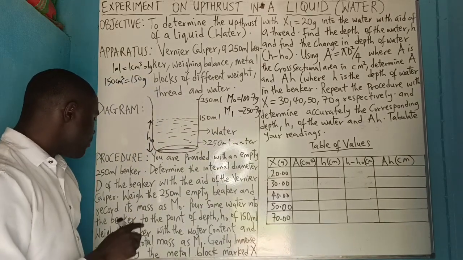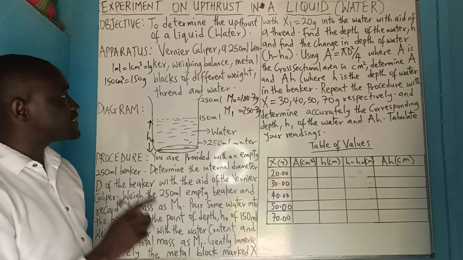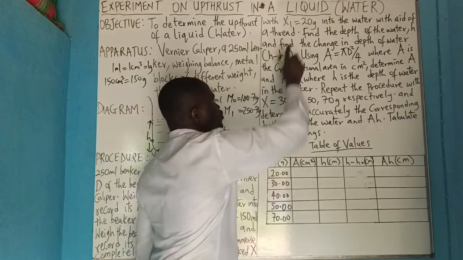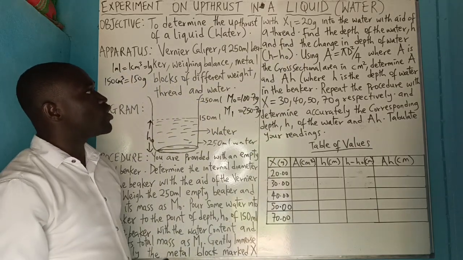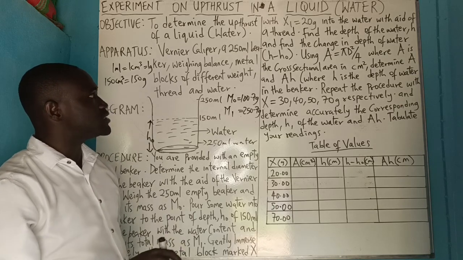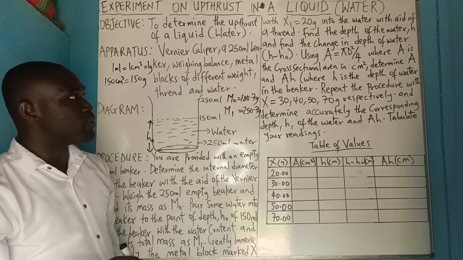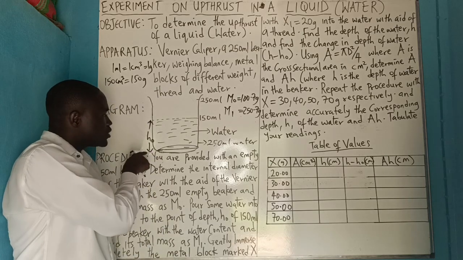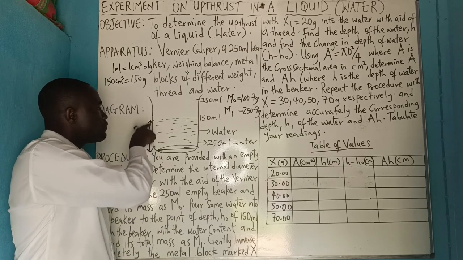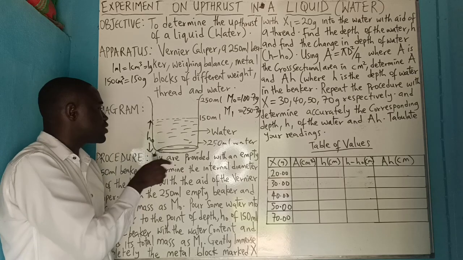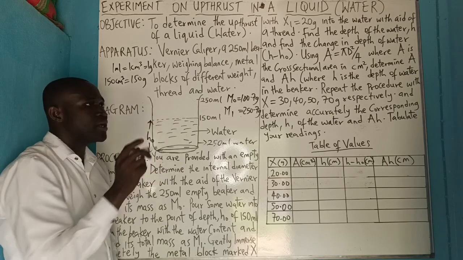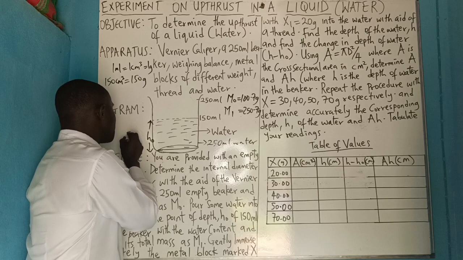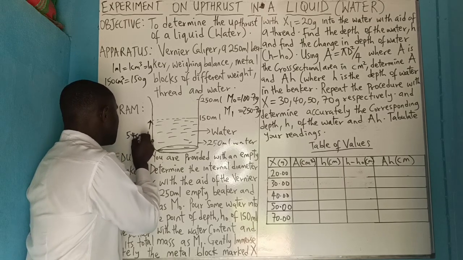Gently immerse completely the metal block of mass X, 20 gram, into the water with the aid of a thread. Find the depth of the water, that is the height. So you measure the height of this water with your ruler. As I measured it, I got 5.4 cm.